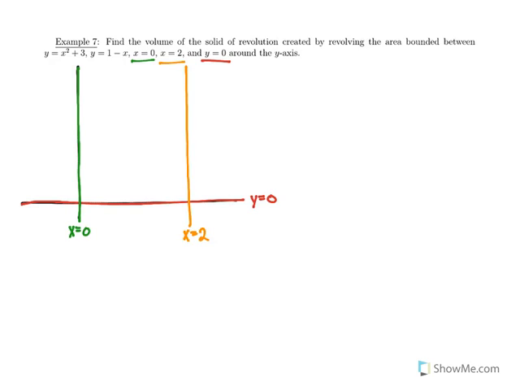And then the more difficult functions, we have y equals 1 minus x. That has a y-intercept of 1, and then going down to an x-intercept of 1. That's our line y equals 1 minus x.